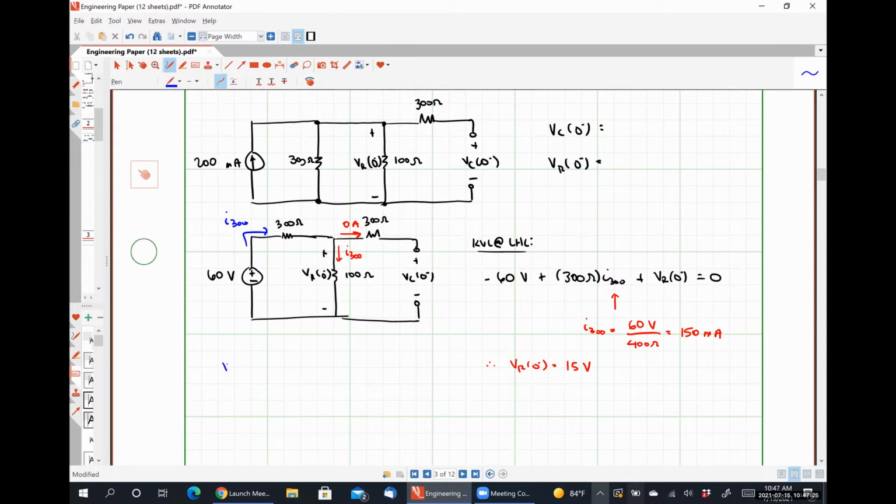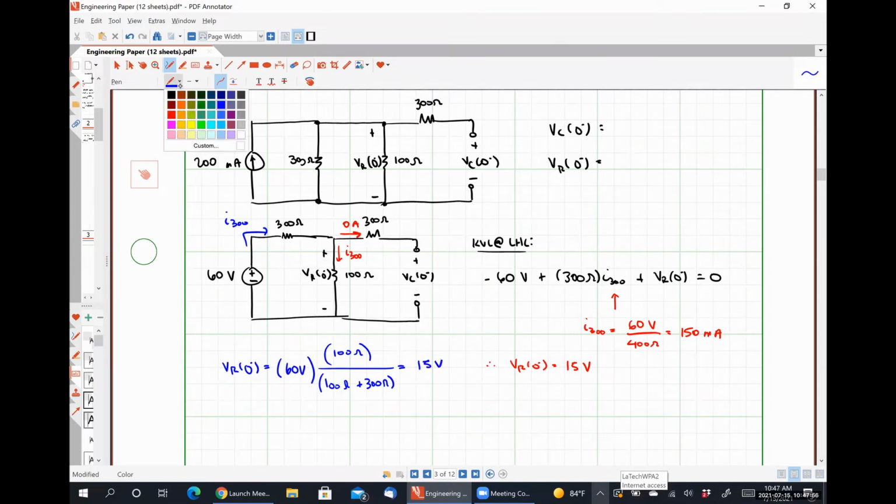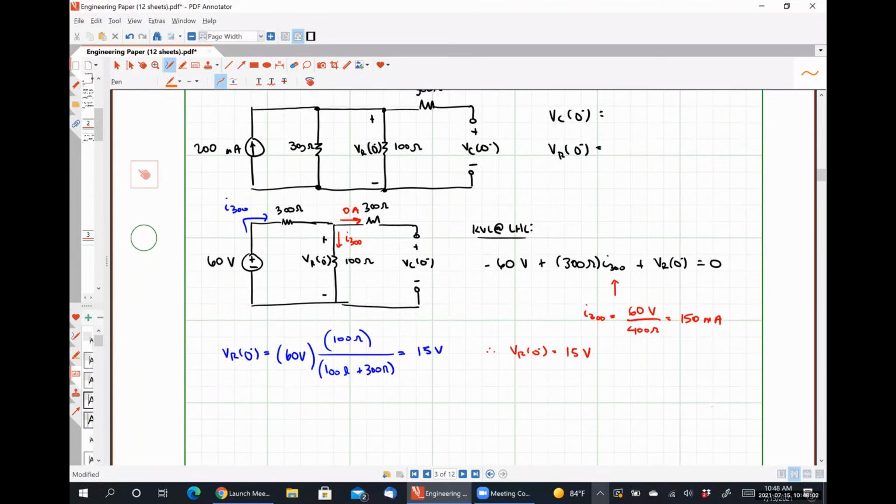So we could say that VR at 0 minus is 60 volts times 100 ohms over 100 ohms plus 300 ohms, which will turn out to be 60 times 1/4, which is 15 volts.